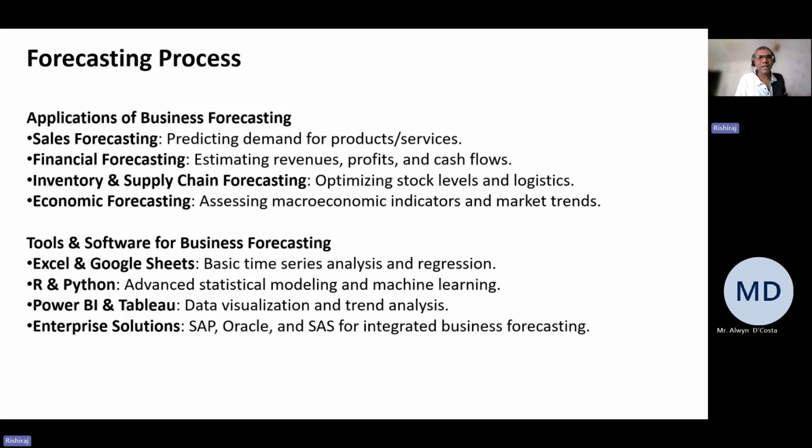SAP and Oracle are both enterprise resource planning software, and within that huge ocean called SAP there are integrated business forecasting modules which you can use for business forecasting. This is the PPT that I will share with the SSODL office. You will get it, don't worry.